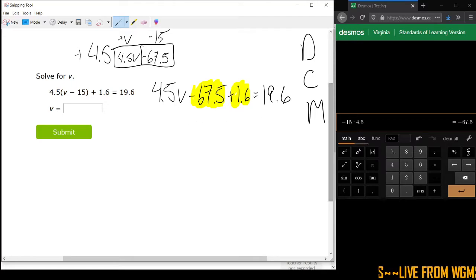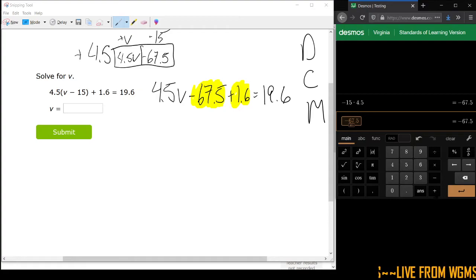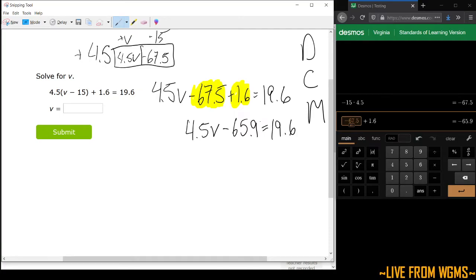So I have that answer plus 1.6. And so I have 4.5v, and then minus 65.9, and it still equals 19.6.